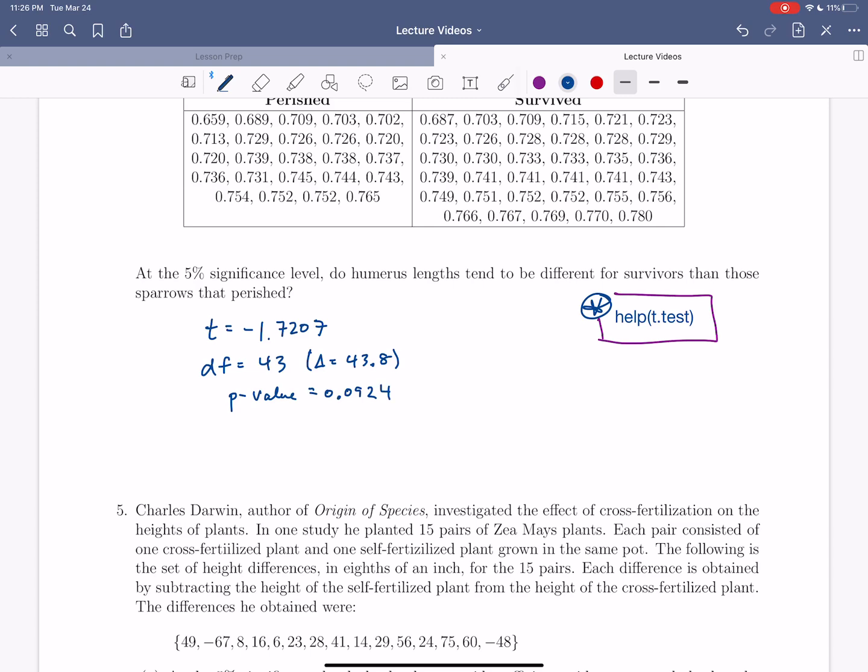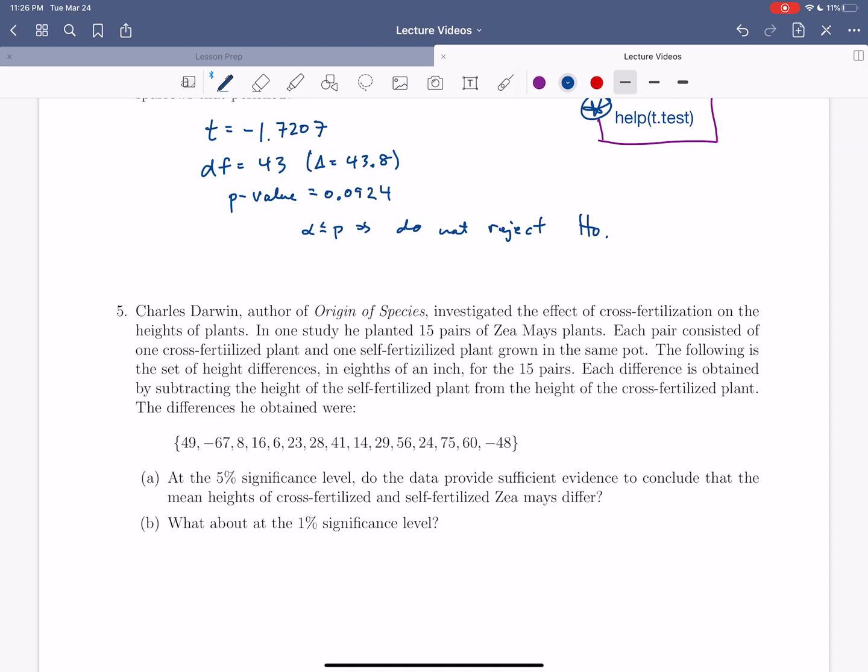And we want to know, at the 5% significance level, do we reject or not? Since our p-value is greater than alpha, in other words, since our alpha is less than or equal to p, that means that we do not reject. We do not reject the null hypothesis. And we're done with that.